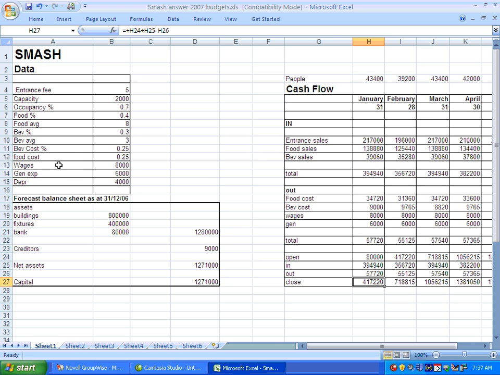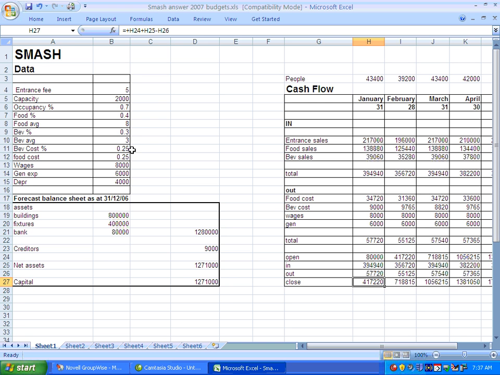And food cost is simply 25% of the food sales in any one month. So 25% of 138,000 gives us our food cost of 34,000 there. Beverage cost. Now beverage cost is slightly different.